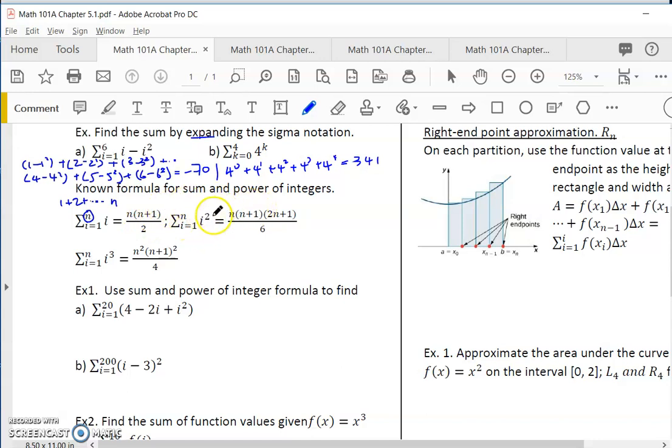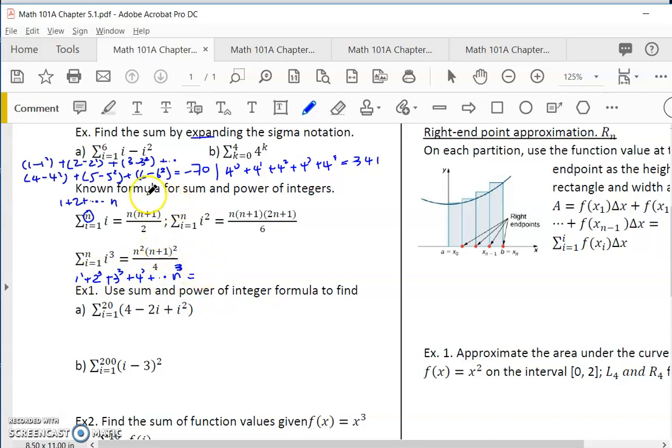And then sigma i squared would be n times n plus 1 times 2n plus 1 over 6. And sigma i cubed, meaning if I add 1 cubed plus 2 cubed plus 3 cubed plus 4 cubed up to whatever I want, n cubed, I don't have to do them one by one in my calculator. I can just use the last number, put it in a formula, and I will get the answer.